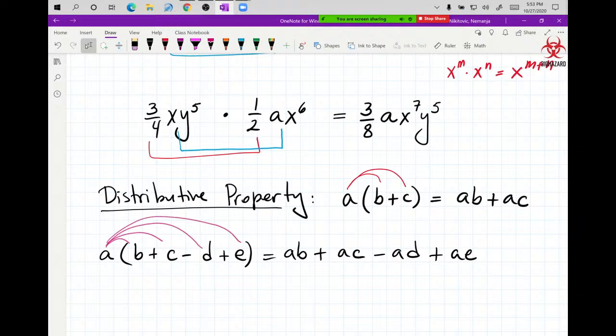Obviously, the multiplication table. If you don't know that, then you have to use the calculator. But in general, you add exponents for the same base, and then all you do is follow the distributive property.